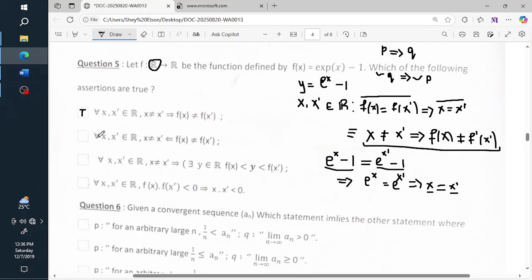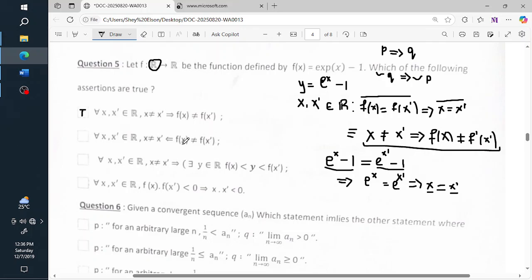Now let's go to the second assertion. For every x and x prime that belongs to the domain, x not equal to x prime is implied by f of x not equal to f of x prime. So we are actually starting with the first statement.